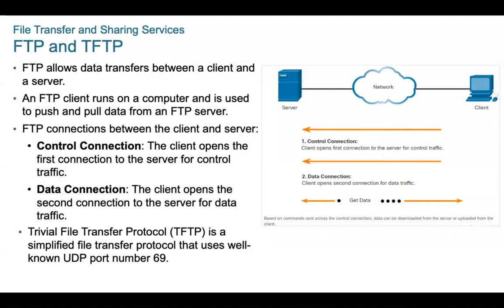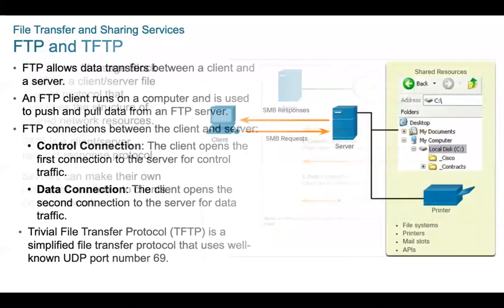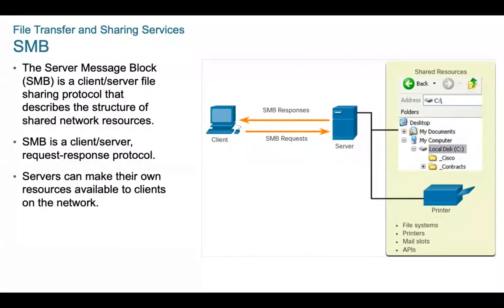Another feature for sharing information between client and server is SMB, the file transfer and sharing service. SMB, the Server Message Block, is a client-server file sharing protocol. SMB requests will come from the client, and responses from the server.